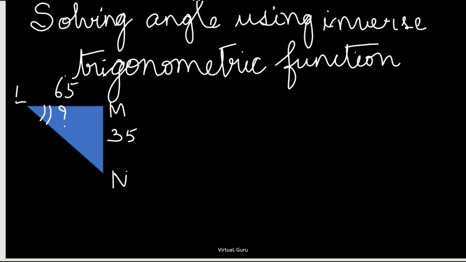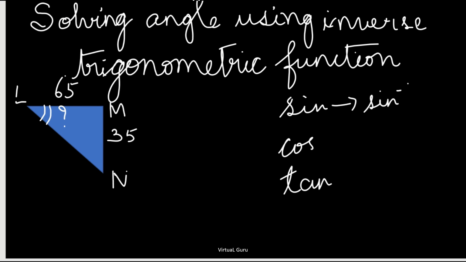Good morning, everybody. Today we are going to continue from our previous video where we have learned how to use a new type of functions, that are inverse trigonometric functions: sine inverse, cos inverse and tan inverse.